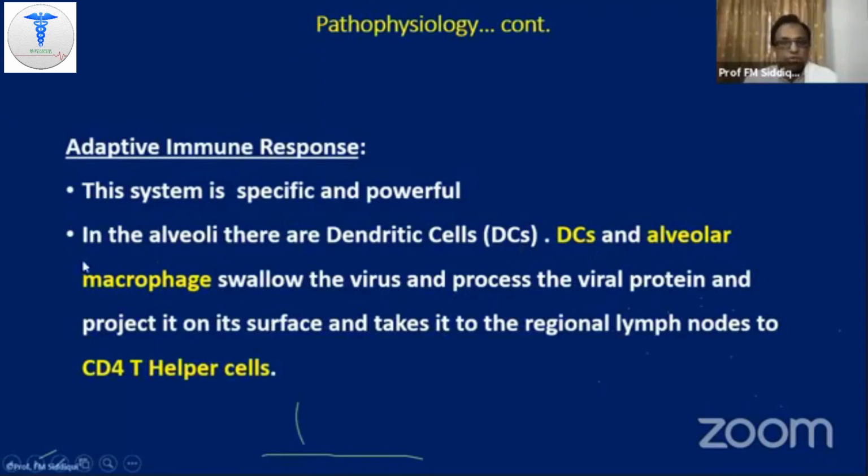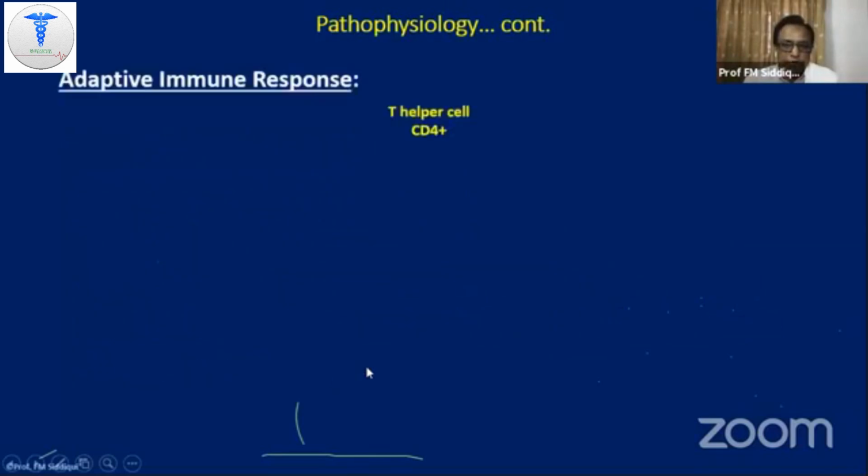Dendritic cells together with alveolar macrophages swallow the virus, process the viral protein and project it on the surface, and take this viral protein to the regional lymph node where there are CD4 T helper cells. Once these viral proteins are presented to the CD4 T helper cells, they immediately cause release of two important cytokines.